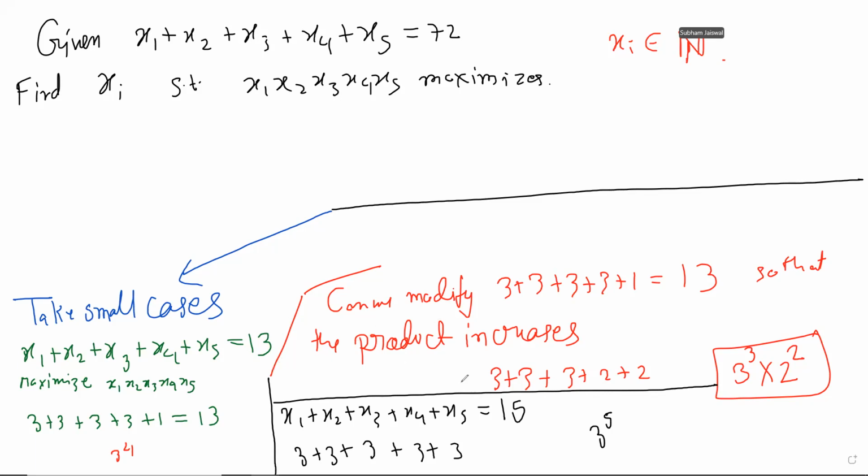Whenever we are maximizing the answer, we are trying to pick numbers which are as close to each other. So you've got the feature by taking the small cases. Now try to use it in this 72 case.